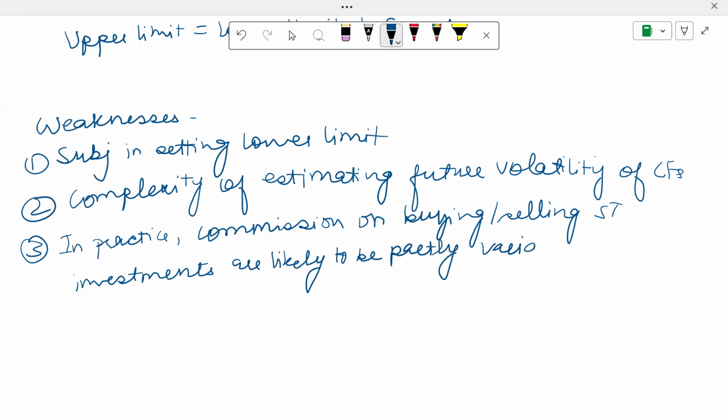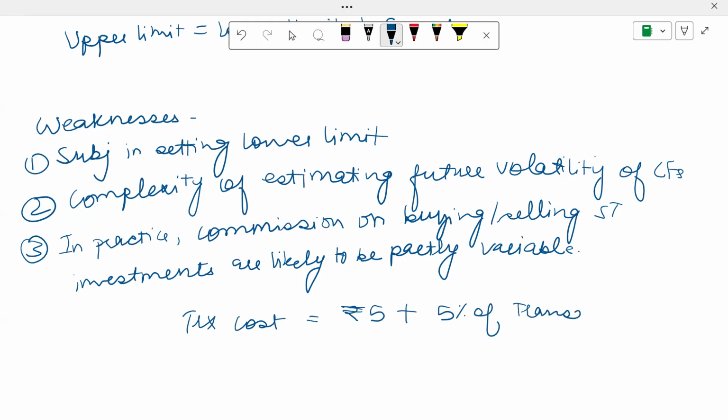So let me give you all an example over here. Suppose you go out and you want to sell or buy any short-term investments. Usually they will quote the rate to you such that the transaction cost is going to be equal to 5 rupees, which is a fixed charge, plus 5% of your transaction value.